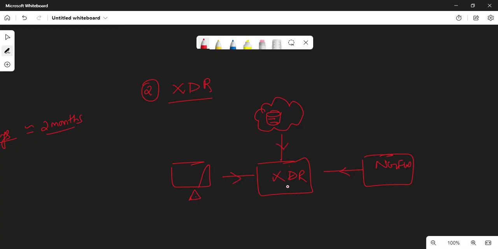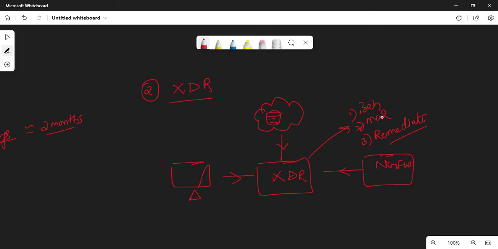They are giving inputs to this solution, and this solution has the capability to do the behavior analysis, to apply the machine learning techniques to identify whether a particular attack pattern is there inside the network, right? Or any sort of attack is going to happen inside my network, and accordingly it can remediate the attack.